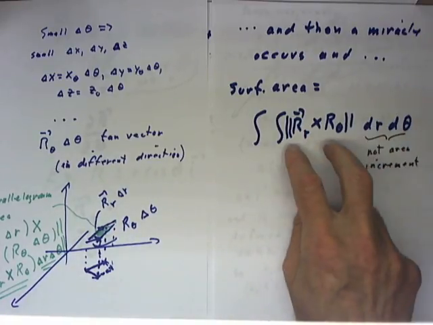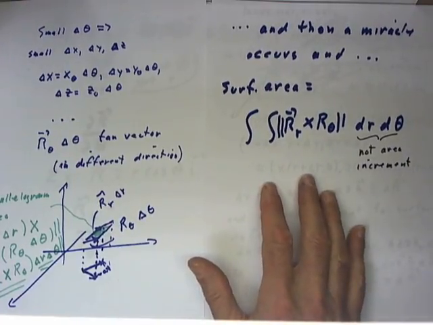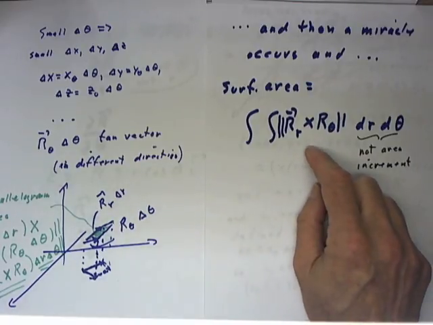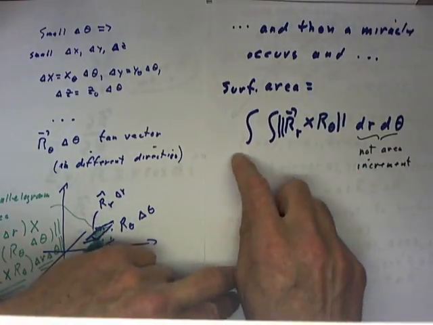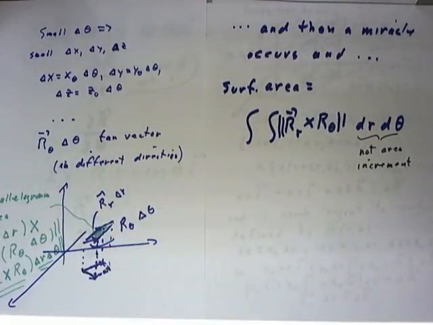In other words, that r is taken care of in a way that's a little bit challenging to understand. Now, we'll try to draw that out. But for right now, we have just another integral for the surface area.